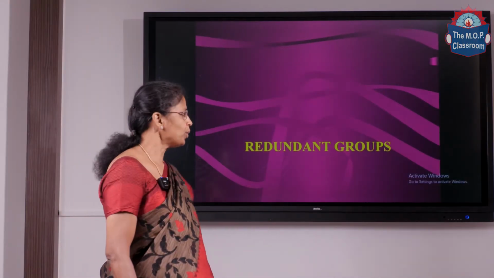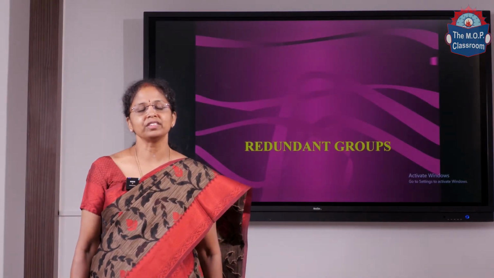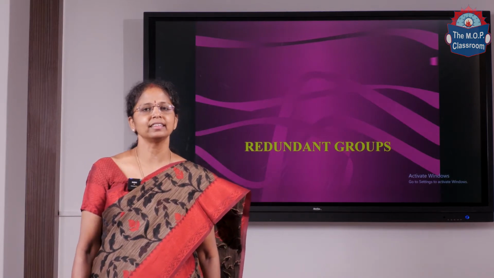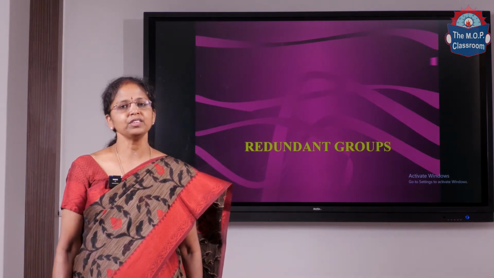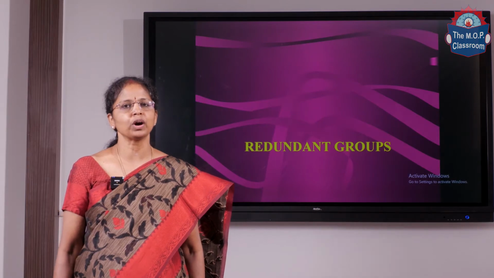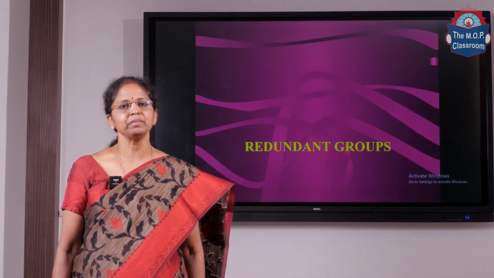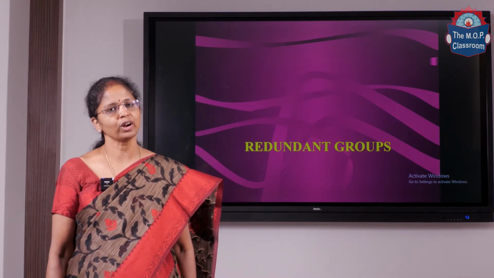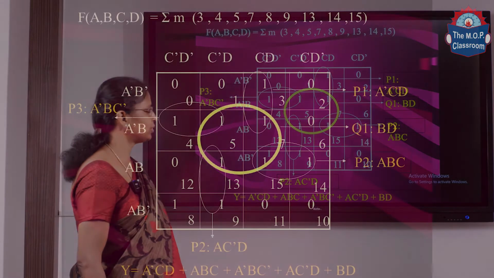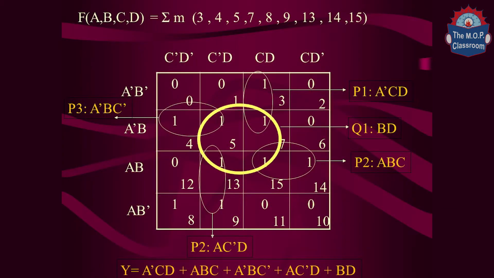Next we will move on to another important aspect of K-map simplification, that is redundant groups. When we try to group the adjacent ones as quads, pairs and octets, sometimes we form redundant groups. What are these redundant groups? Now, just look at this particular example where we have grouped the ones as pairs and a quad. First we have a quad, where we have combined all the 4 ones in the center.